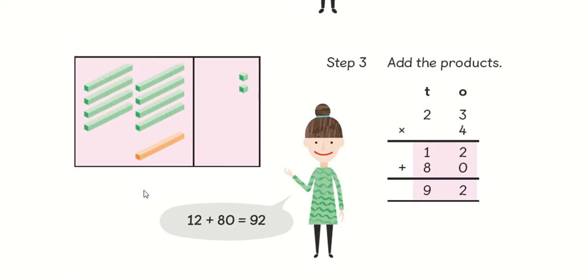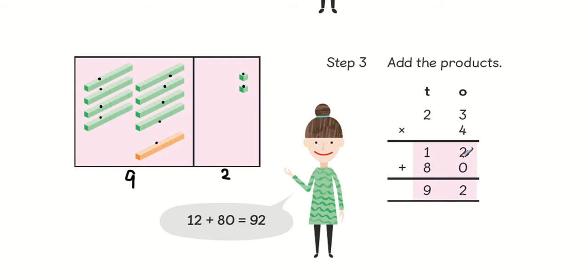Step 3 then, add the products, so add our answers. So here is where we use this 10 that we exchanged, this yellow 10 here. Okay, so you can add all those together. Have a go at counting through these. 1, 2, 3, 4, 5, 6, 7, 8, 9 tens and 1, 2 ones, or we can do that in our column.